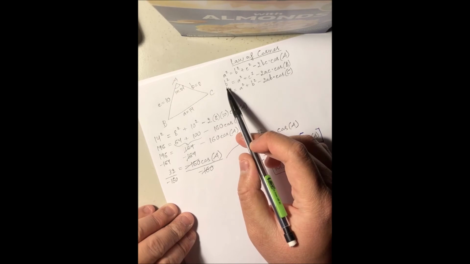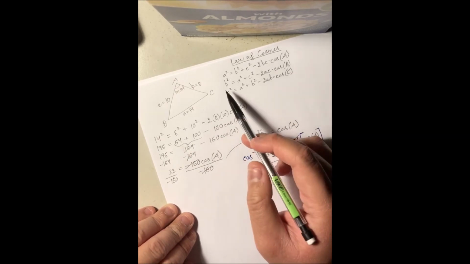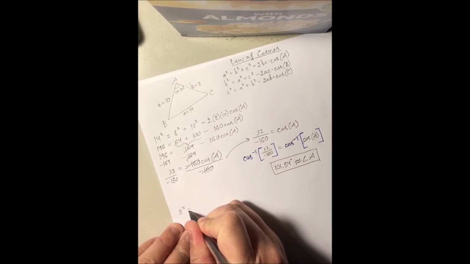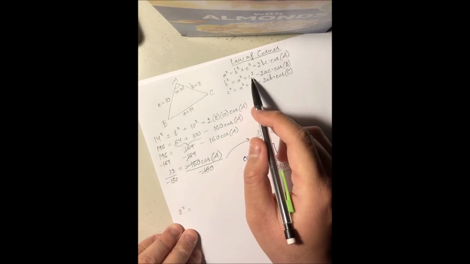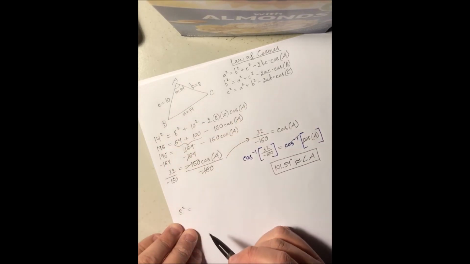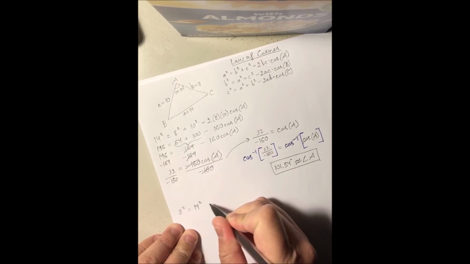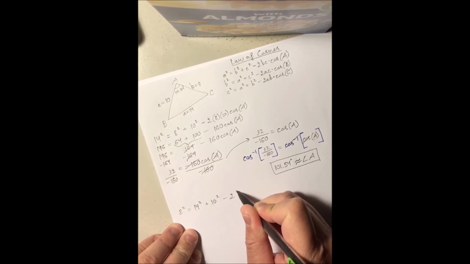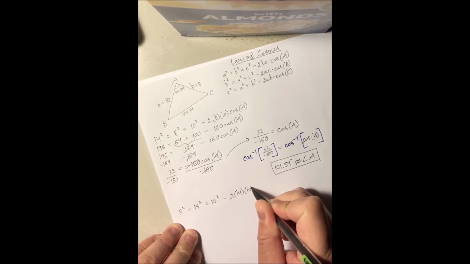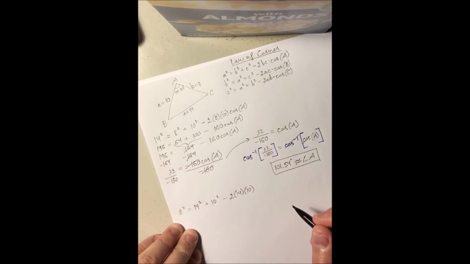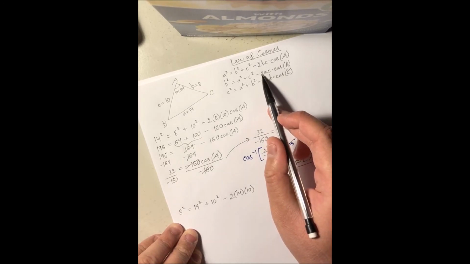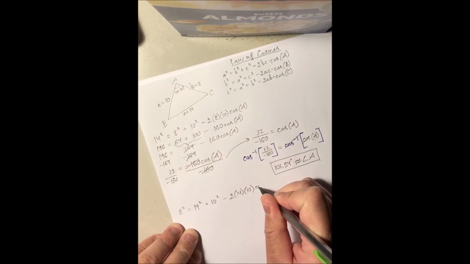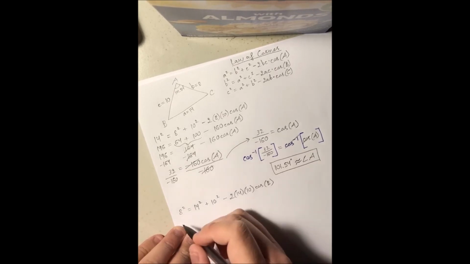So we are going to use the second formula, b squared, which is 8 squared, equal a squared plus c squared, so that's 14 squared plus 10 squared, minus 2 times a times c, so 2 times 14 times 10, and then times cosine of capital B. Well, simple math from here.